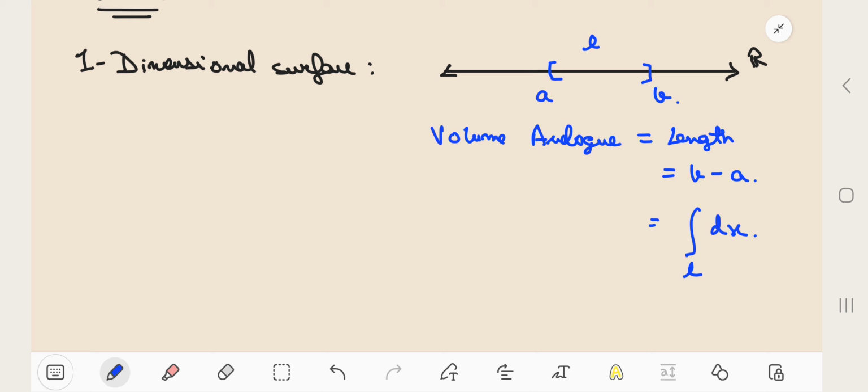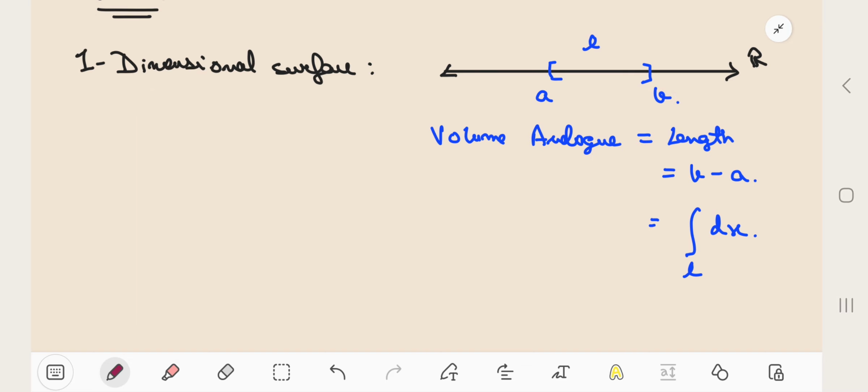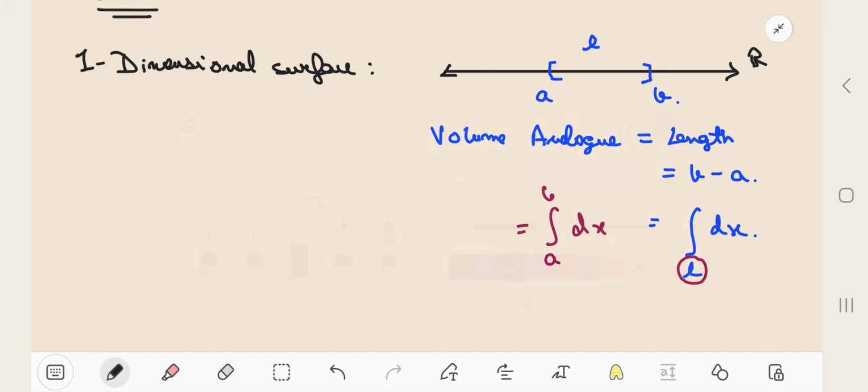Clear? I could have also written this simply in the usual notation, the integral from a to b of dx, but I want to specify that we are integrating over this straight line which joins a and b. So this is quite easy to observe.